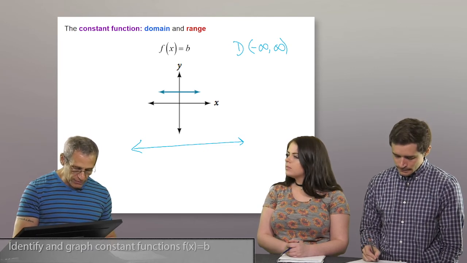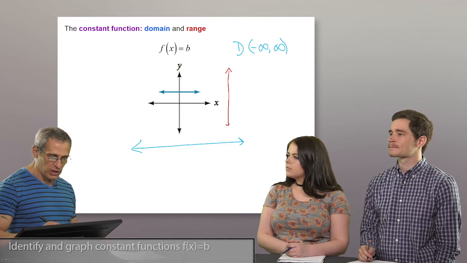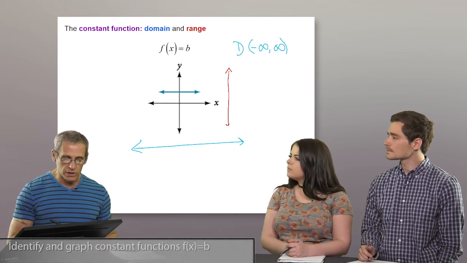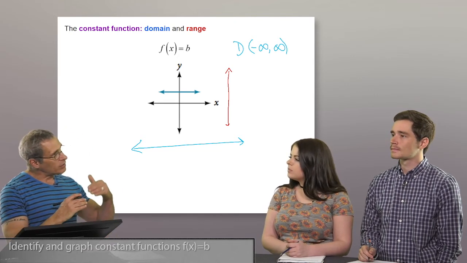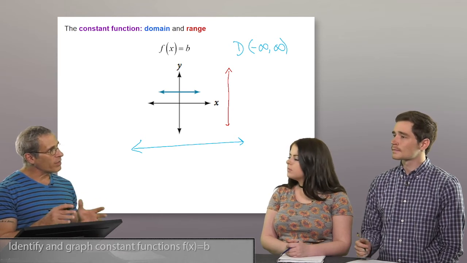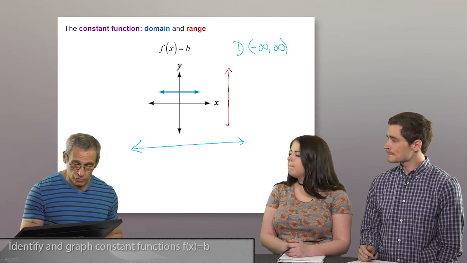Well, next I want to find the range. For the range, my eye goes vertically. It goes from the bottom up. But here, when I look from the bottom up, it's kind of a quick glance, isn't it? In other words, what are all the outputs? Aren't they just 3? Sounds good to me. They are.